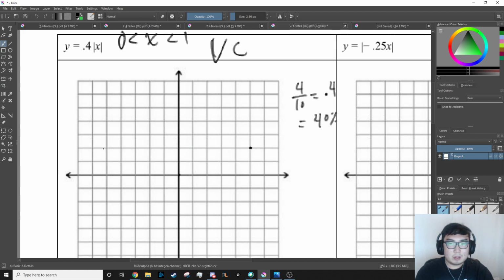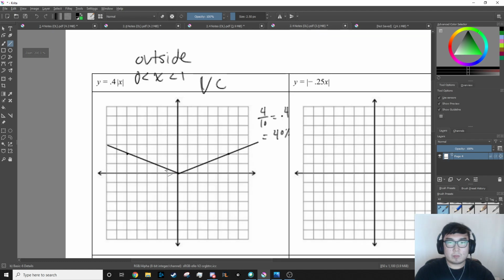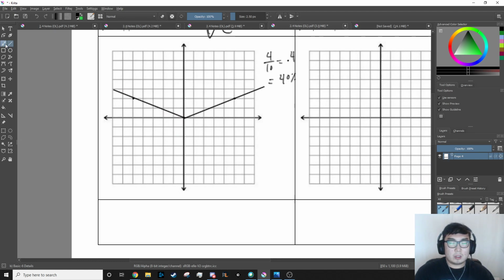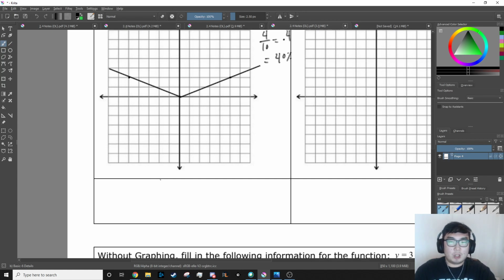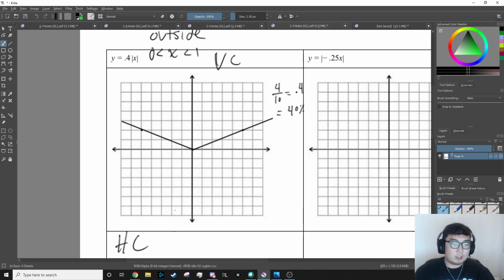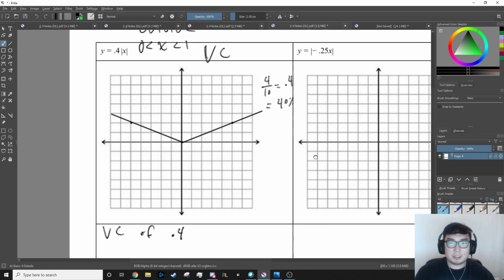Like so. And watch how I'm gonna write this. Horizontal compression. Not horizontal compression. Sorry. Vertical compression of 0.4. That's it.